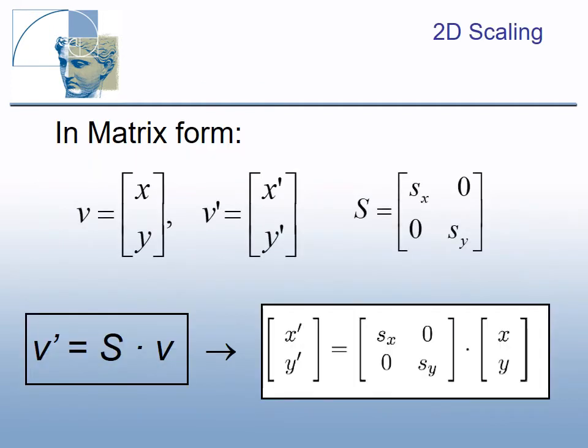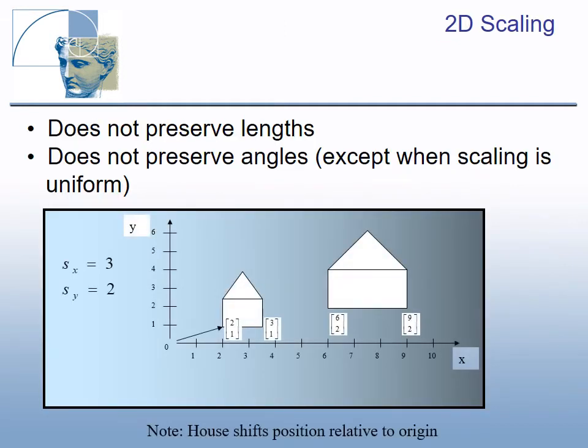In the case when scaling factors are different for x and y, S is not a scalar but a matrix, and scaling is defined by the matrix multiplication. Note that the scale operation does not preserve distances between points or angles between vectors. See, the house increased in size and displaced after the scaling was applied.